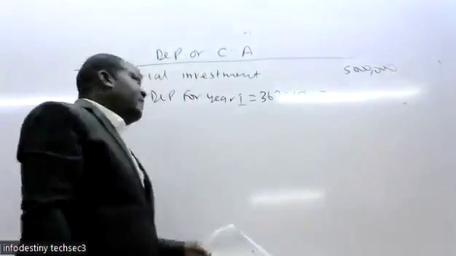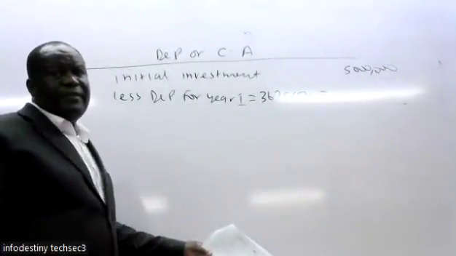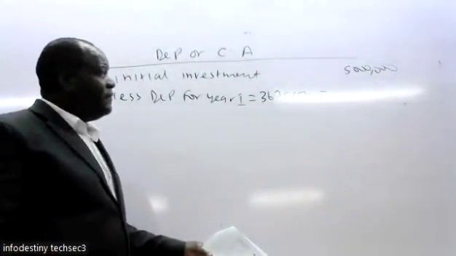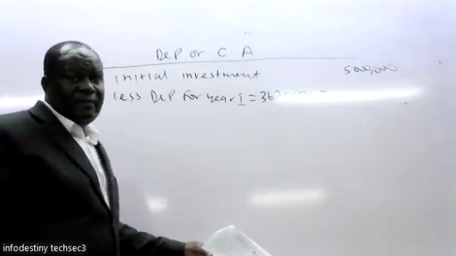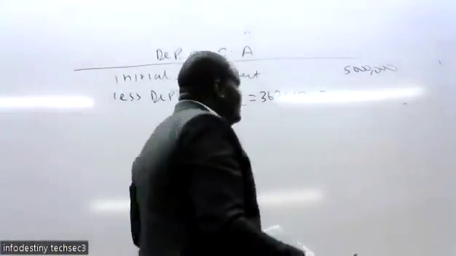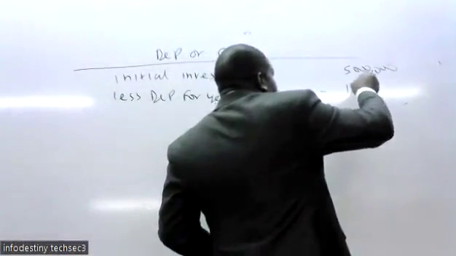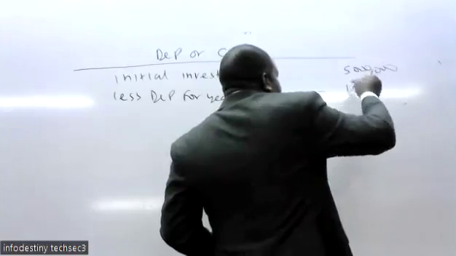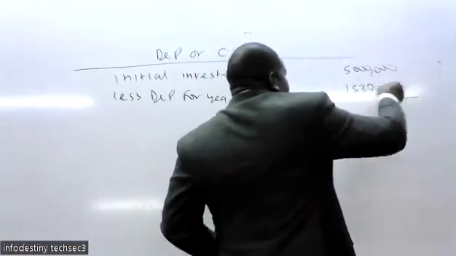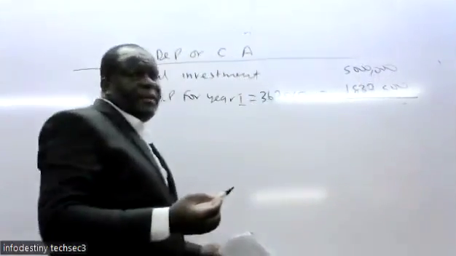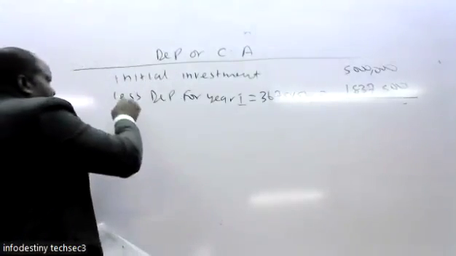That gives 1,837,500. Subtract to get the net book value at the start of year 2.